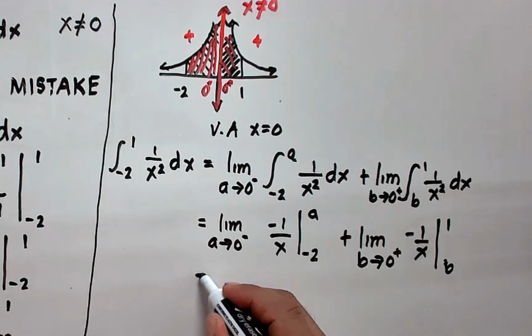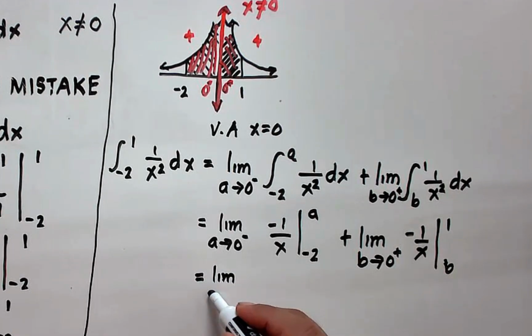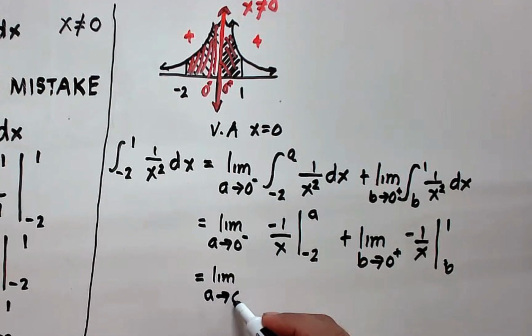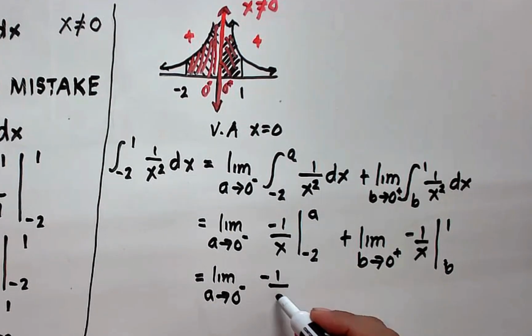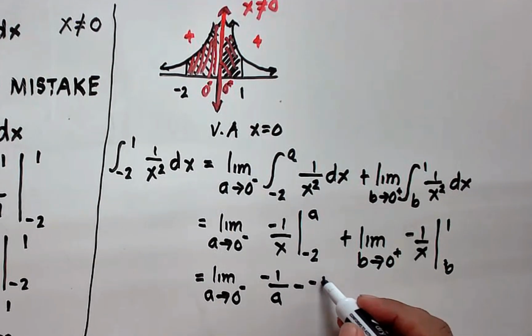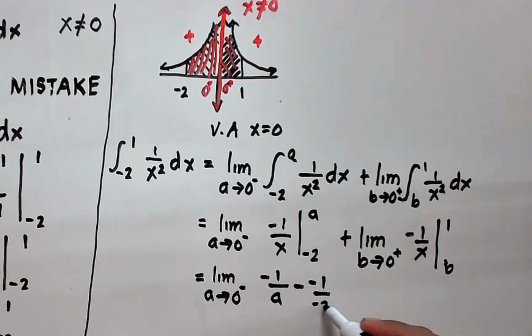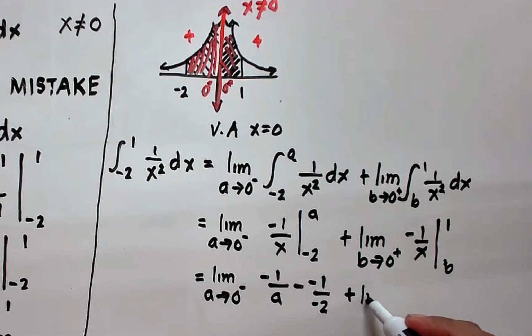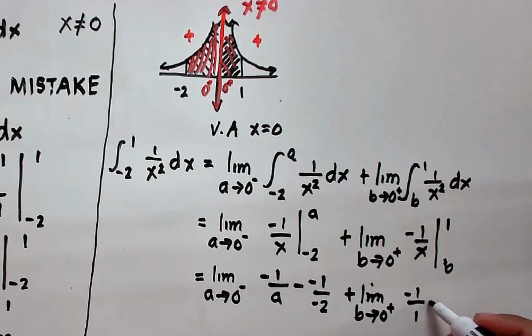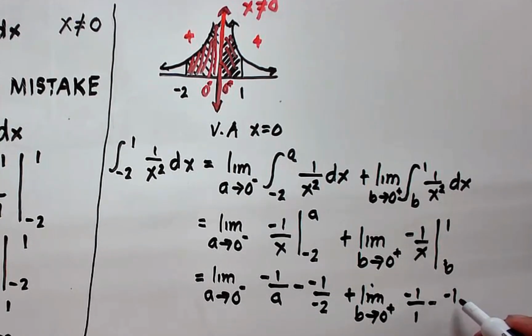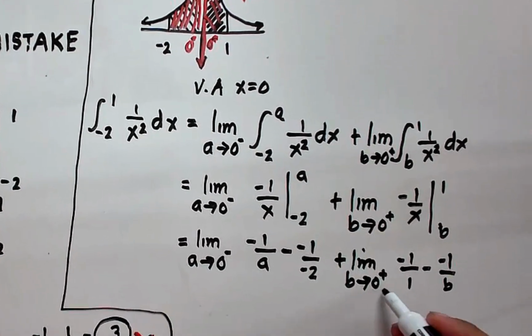Then evaluating, this is equal to the limit as a approaches 0 from the left of -1 over a minus -1 over -2, plus the limit as b approaches 0 from the right of -1 over x equals 1 minus -1 over x equals b, where b is approaching 0 from the right.